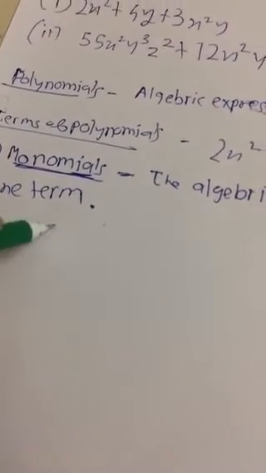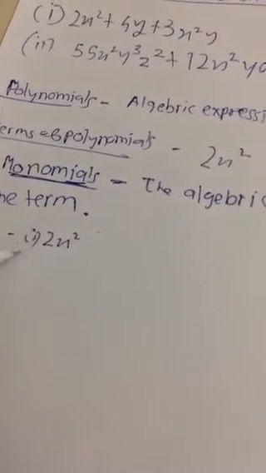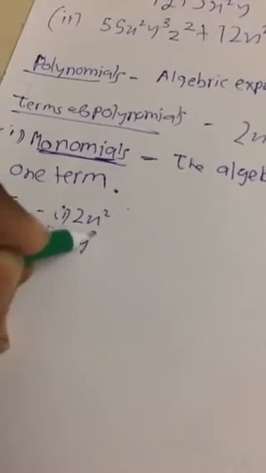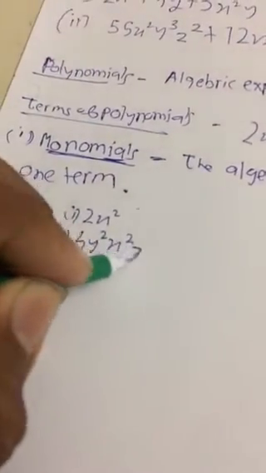The algebraic expressions having only one term are known as monomials. So for example, 2x square or 4y square z square x cube, these are known as monomials.